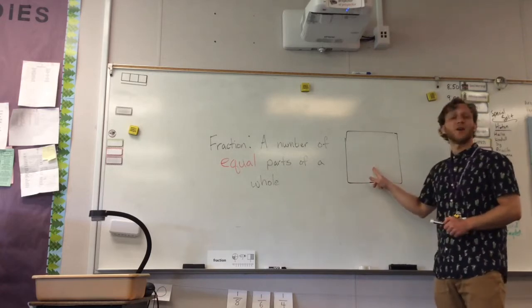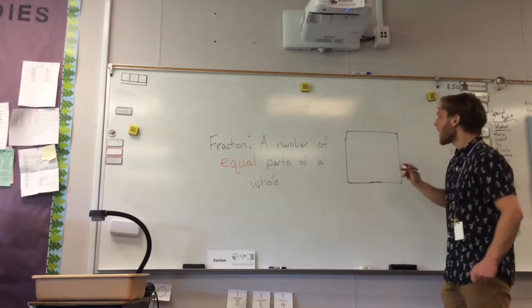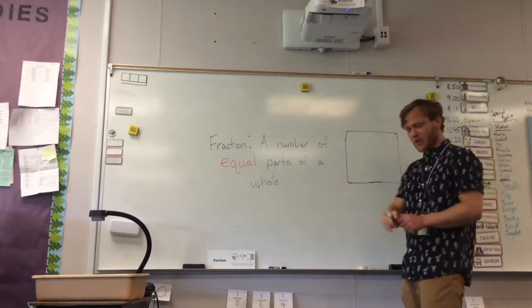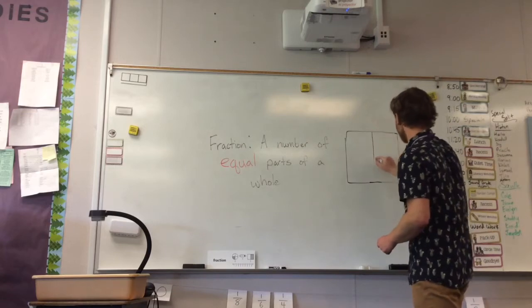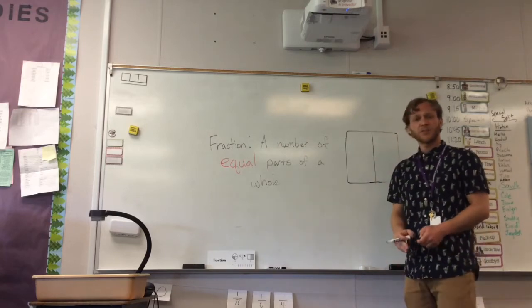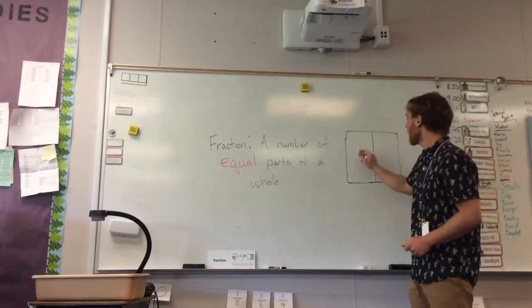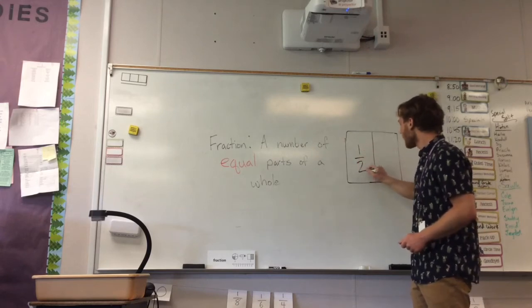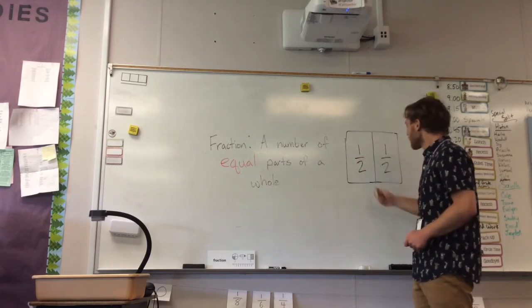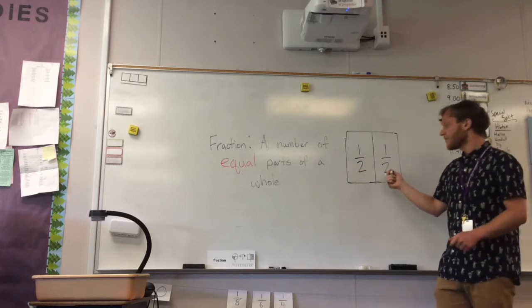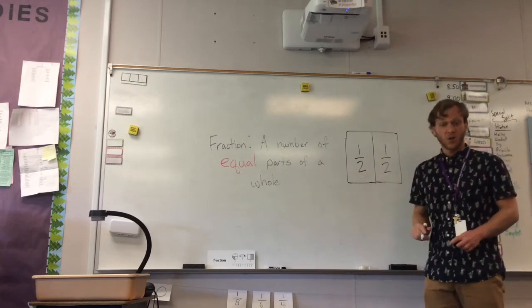If I divided that square into two equal parts, like so, each part of that whole would then be 1/2. 1/2 and 1/2 make one whole.